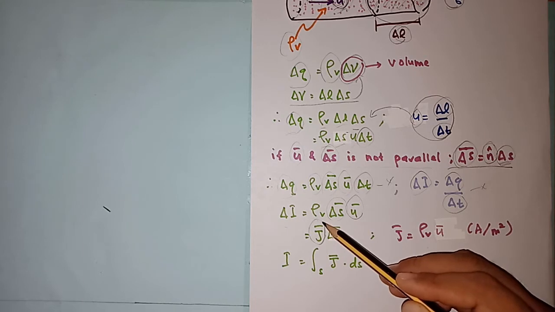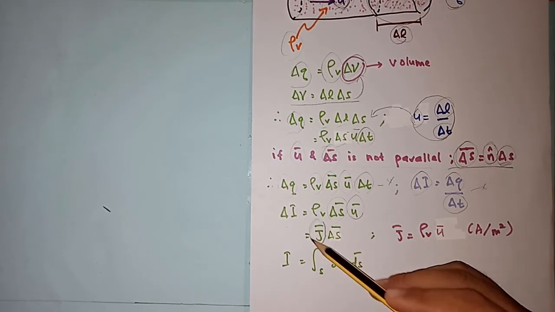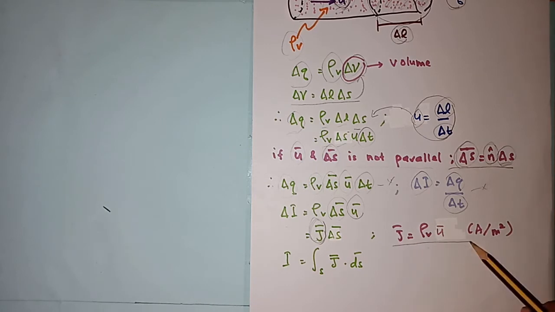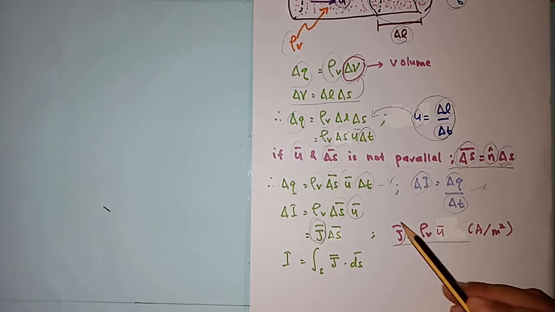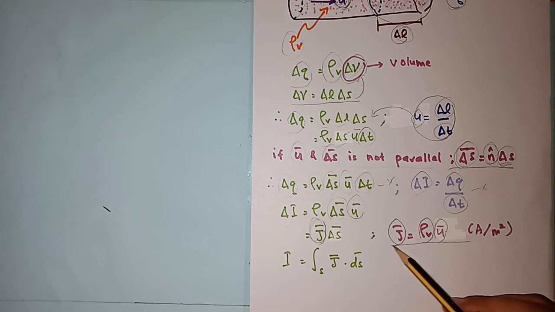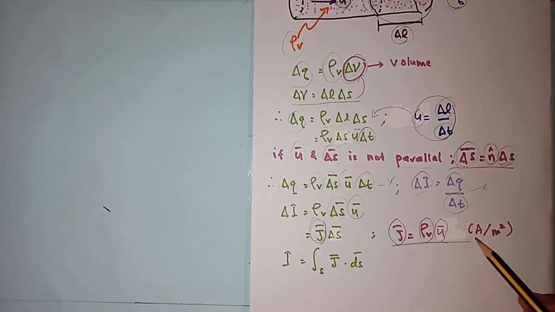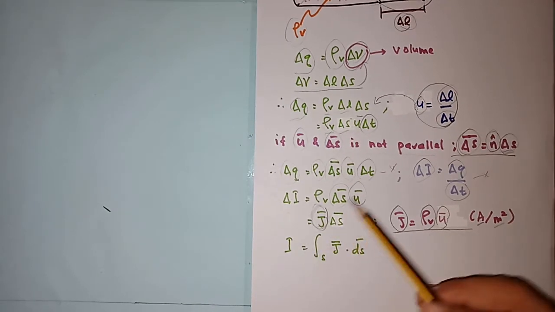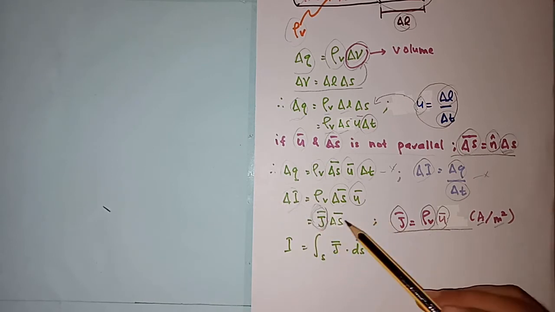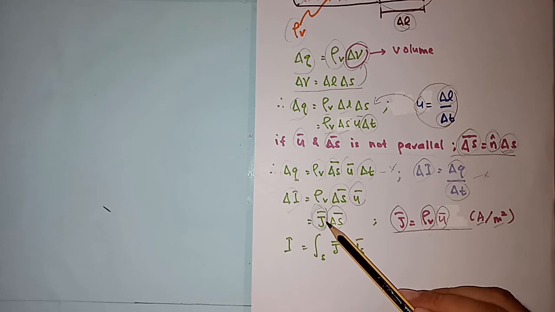We call it vector J, and vector J is equal to rho V multiplied by the vector of u, and the unit of this expression is ampere per meter square. Then we will have delta I is equal to vector J multiplied by vector delta S.